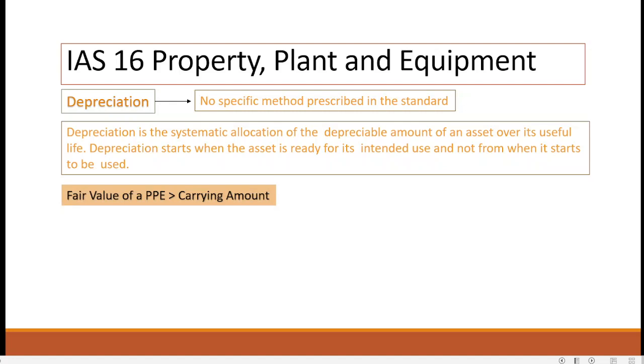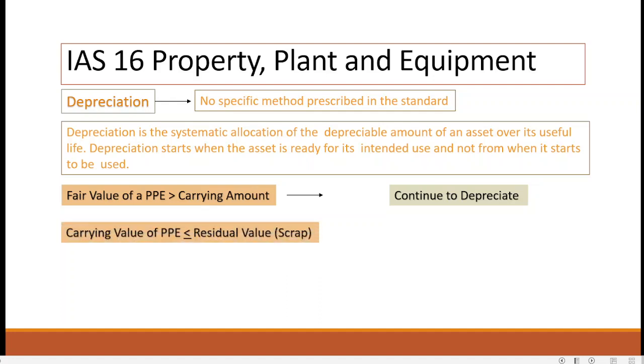Now, let's say the fair value of the property, plant, and equipment is more than the carrying amount. We are going to discuss at what value we are going to charge depreciation. In fair value, which we discussed earlier, if the fair value is more than the carrying amount, we continue to depreciate the property.